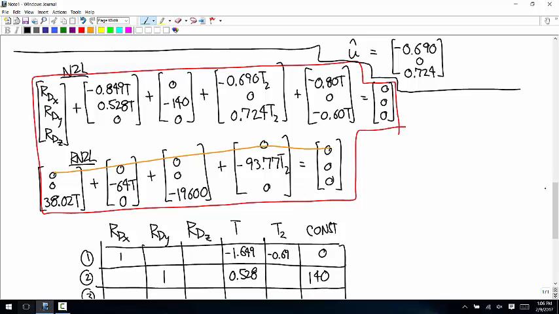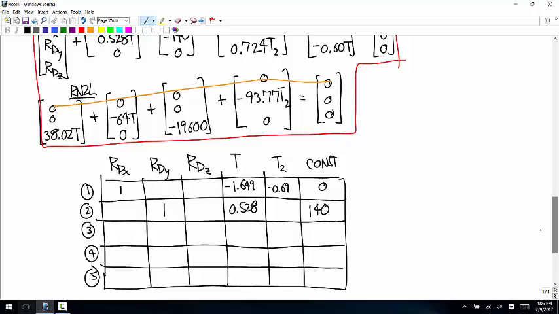And the third one, RDZ, we have 1. T, we have negative 0.6. T2, we have 0.724. And no constant. And then equation 4 is going to be the Y equation for the moments. So T's, we have negative 64.